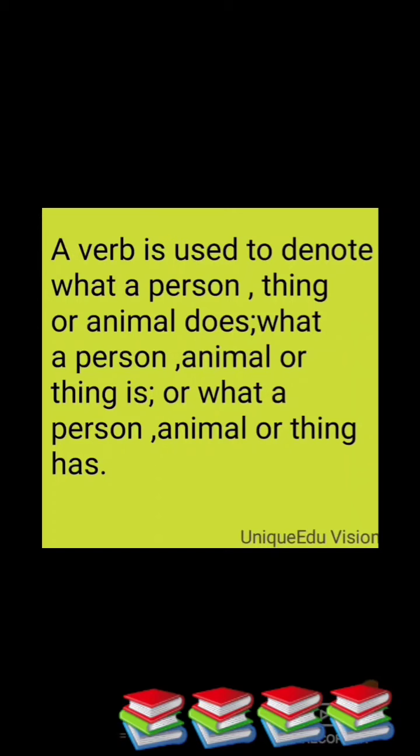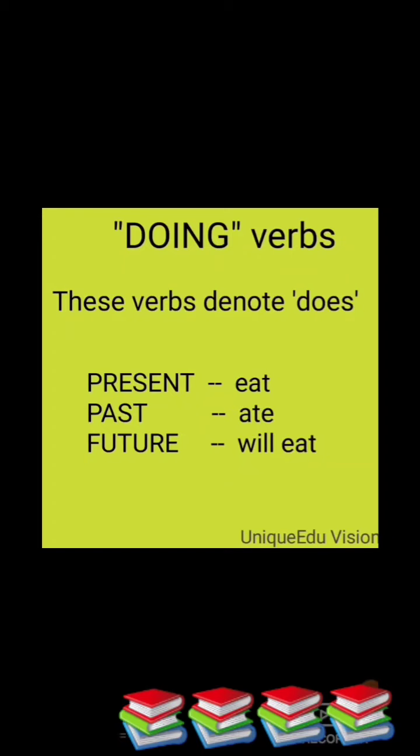But how can we recognize whether a word comes in doing verbs, be verbs, or have verbs? So here's a list I'm having. When we talk about doing verbs, these verbs denote what someone does. If we use doing verbs in different tenses, or at different times, meaning present, past, future, they have different ways to denote it.